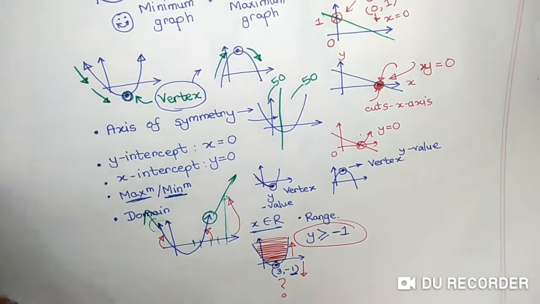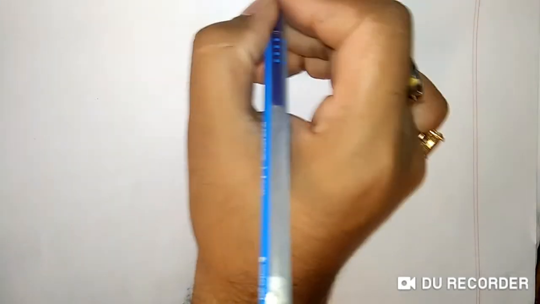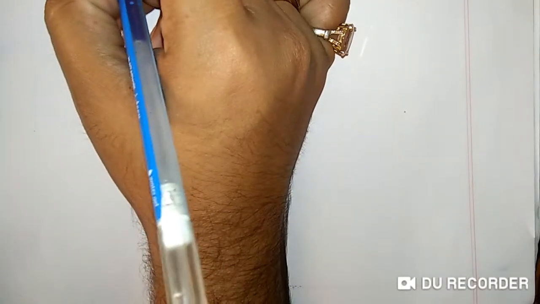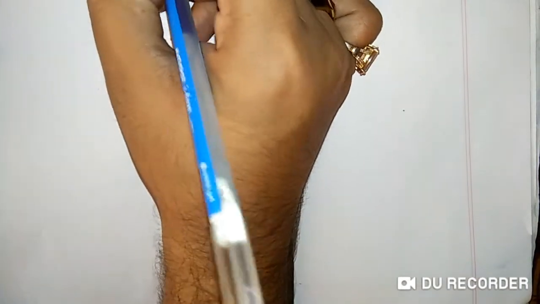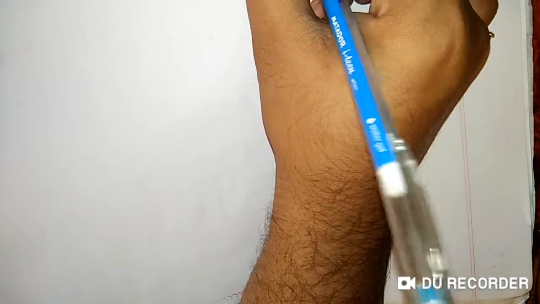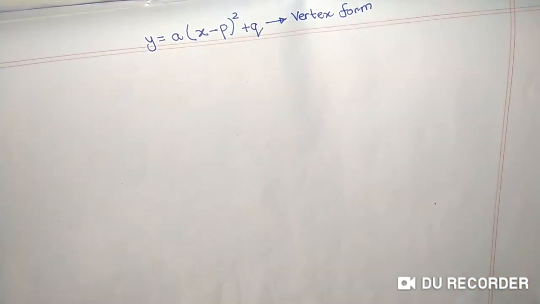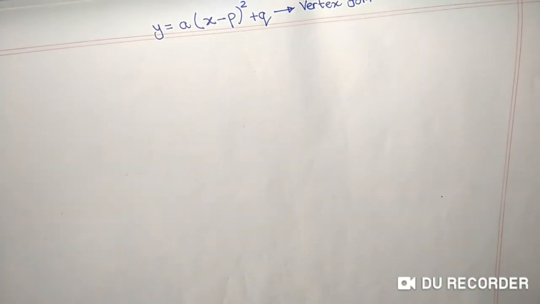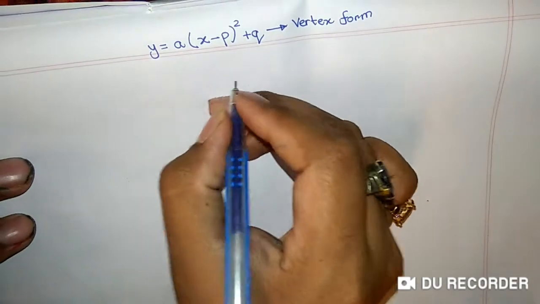So, let us move. Now that we have learned all the different things that we need to know, we are going to go with the form y equals a times (x minus p) whole squared plus q, and this is referred to as the vertex form of a quadratic equation. If you recall what we have learned so far, we have a maximum graph and a minimum graph.